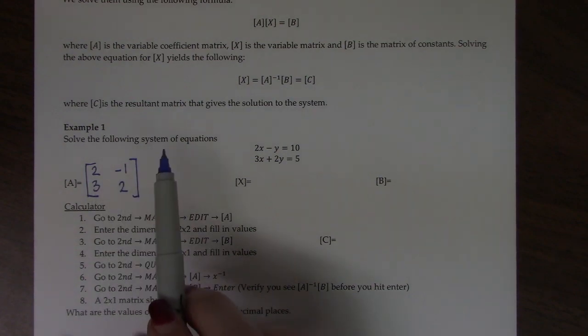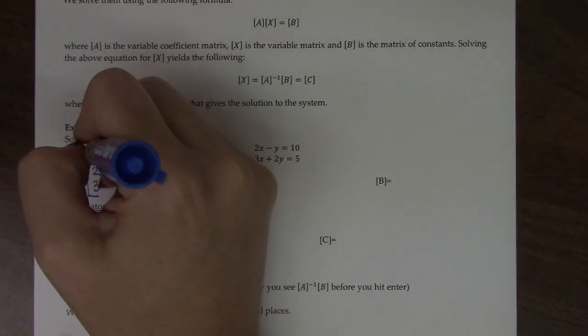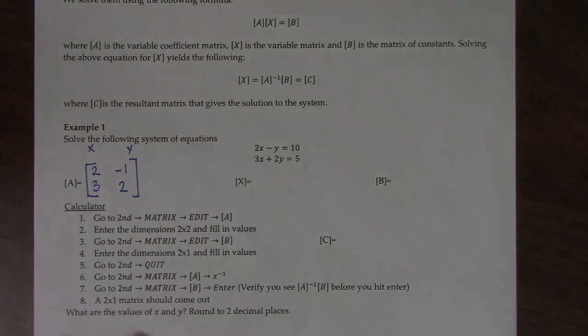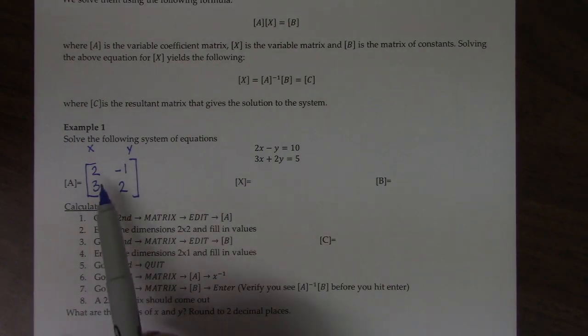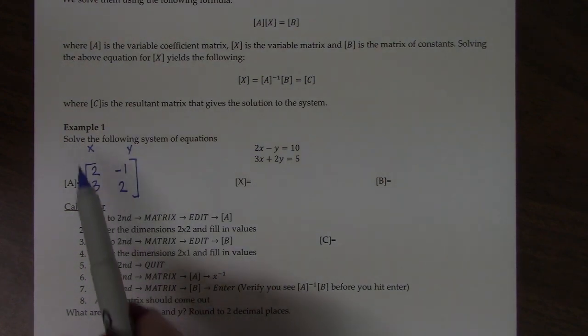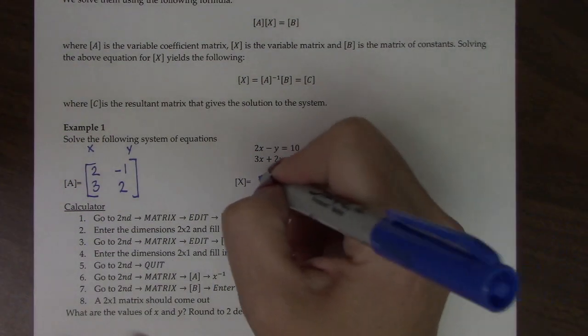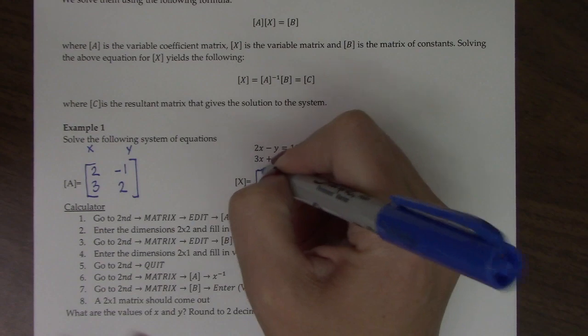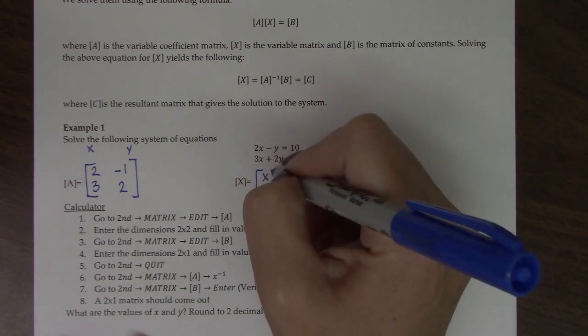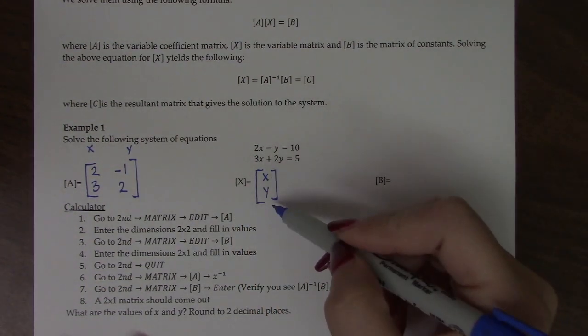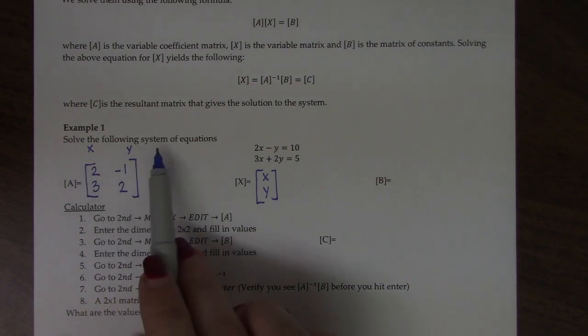This column represents all the x variables, and this column represents all the y variables. So I can just read this matrix, and I know the left side of the equation was 2x minus y, 3x plus 2y. The signs of the numbers indicate whether we added or subtracted. For the variable matrix, we list the variables in a column that matches the order we went across in this row.